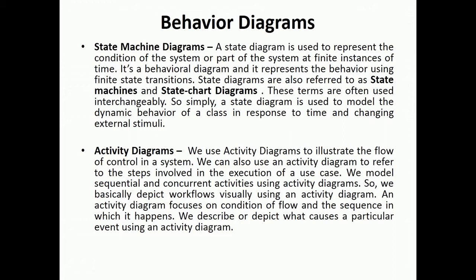It represents the behavior using finite state transitions. State diagrams are also referred to as state machines and state chart diagrams. These terms are often used interchangeably. So simply a state diagram is used to model the dynamic behavior of a class in response to time and changing external stimuli.